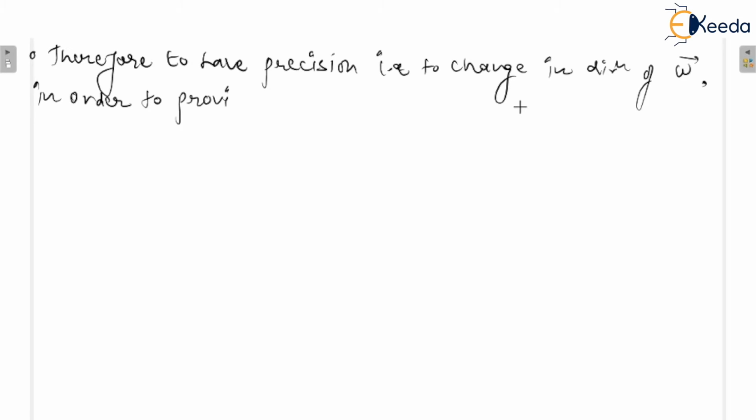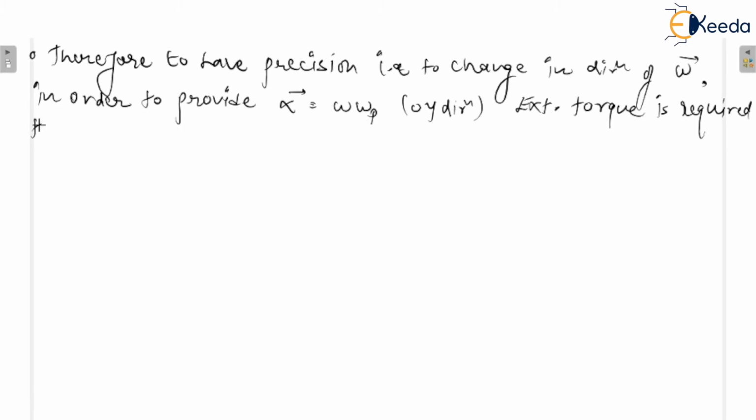So in that case, alpha would be equal to omega p, and the direction is OY. So in order to provide alpha equal to omega p, external torque is applied to the system. Are you getting my point? So external torque is required to be applied to the system.